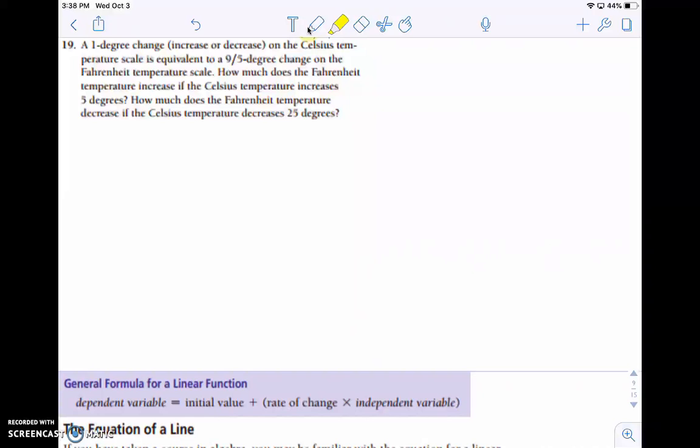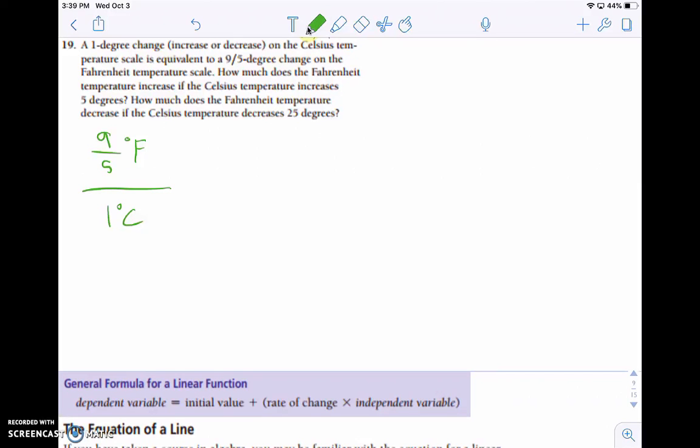So we have a 1 degree change, increase or decrease, on the Celsius temperature scale is equivalent to a 9/5 degree change on the Fahrenheit temperature scale. And so if we break that down, we would say that 9/5 degree Fahrenheit is basically 1 degree Celsius.